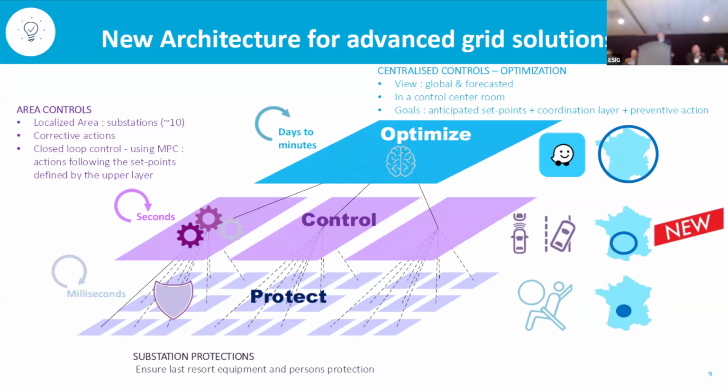The control room is more like your GPS navigator: it's not going to keep you from having crashes, but it's going to get you there. And then you've got something in between, more like your safety system, which is going to help you drive essentially.